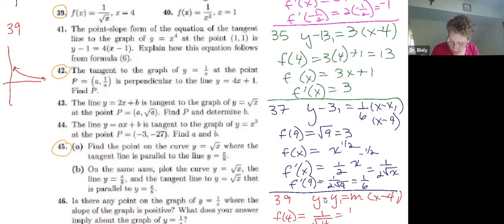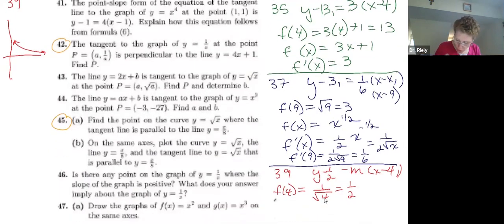And the answer is no. I only need the plus because I cannot have any y values that are below the x-axis. So that's why I'm just using plus. You have to keep thinking through this process. You can't go on total autopilot. So this is 1/2. Now let's work on the slope.